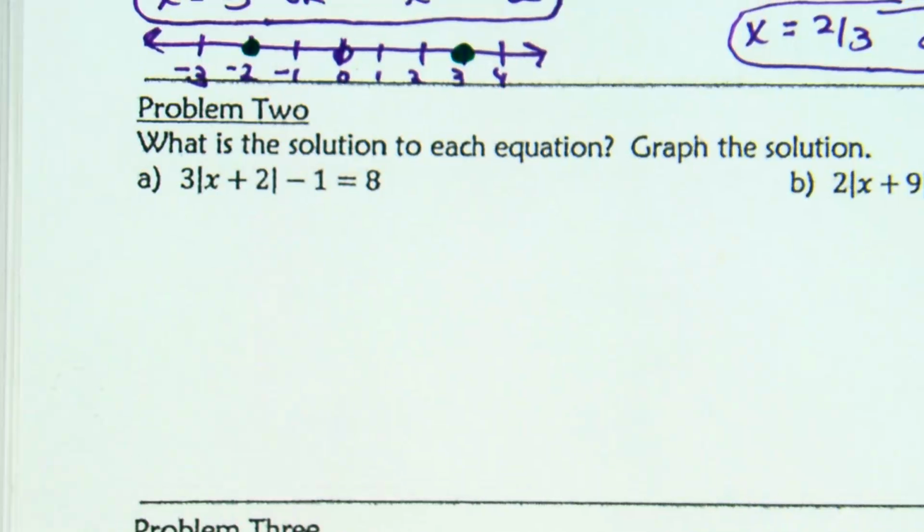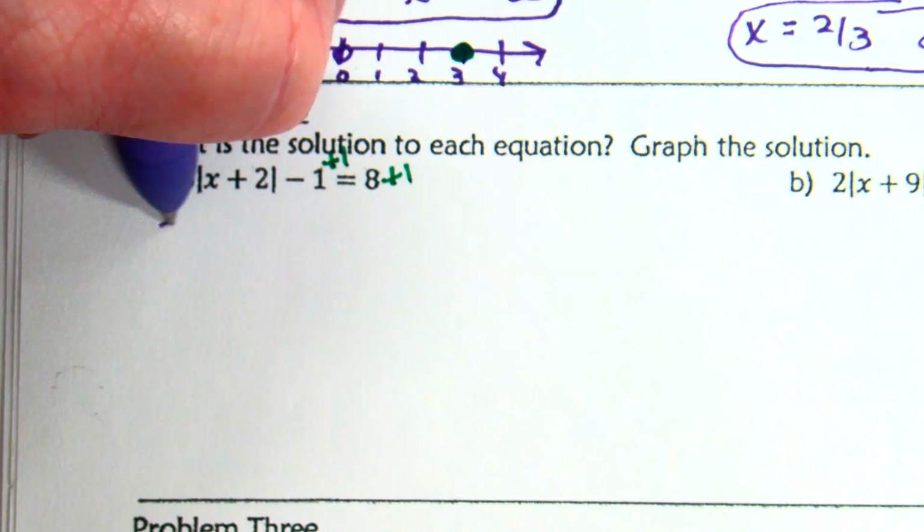If it's 3 times A minus 1, your first step would be to add your 1 over, because this is 3 times something minus 1. So then I still have 3 times my absolute value, and it equals 9.